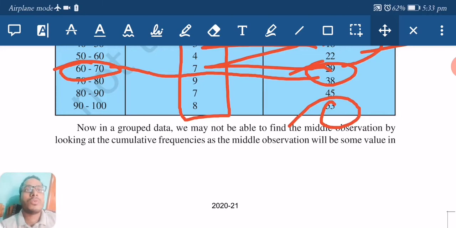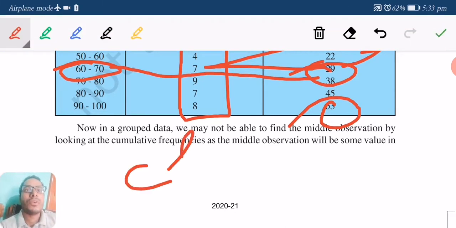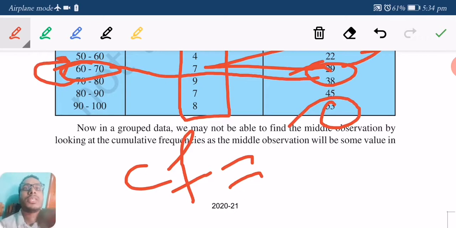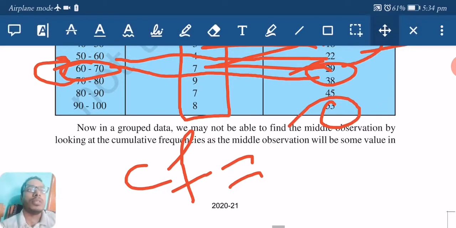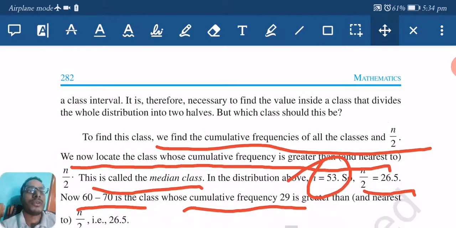Okay, so what could be CF? 60 to 70 corresponds to the cumulative frequency as 29. So we have to check the previous cumulative frequency. Preceding this class is 50 to 60, so we have to check what is the cumulative frequency of the 50 to 60 class. That is 22. All right. So that is the cumulative frequency just before that.